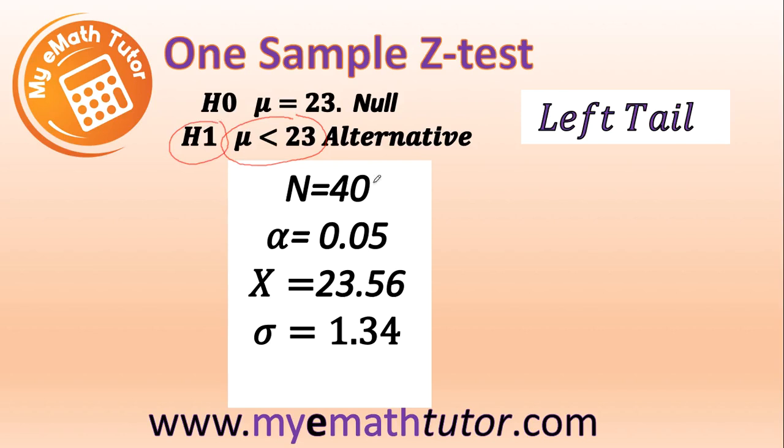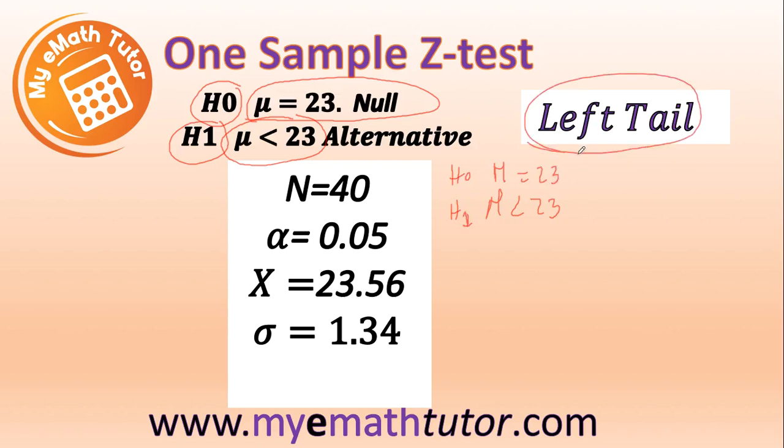But your null, H sub 0, which I call the whole, is the one that says, look, I feel that mu is equal to 23, because it's contradicting the alternative. That is why, if I have mu less than 23 as the alternative, then the null has to be equal to 23.